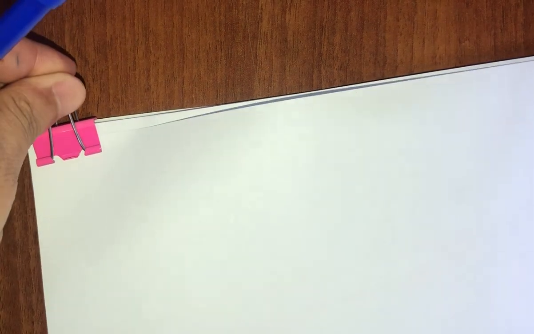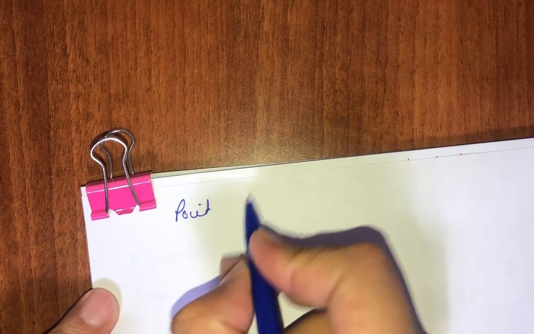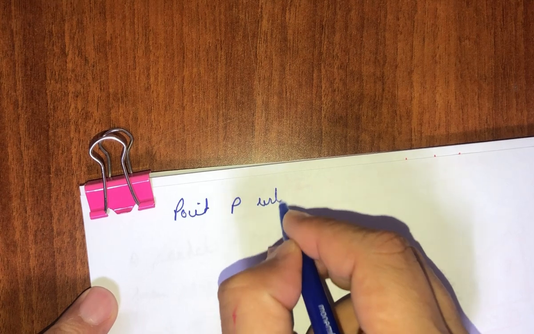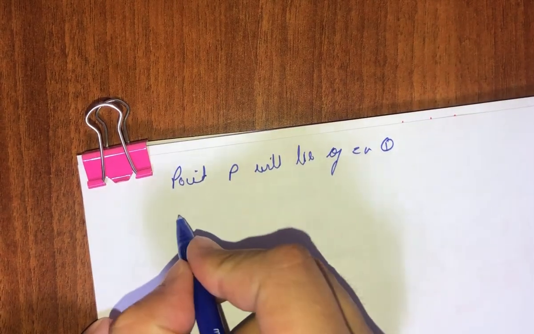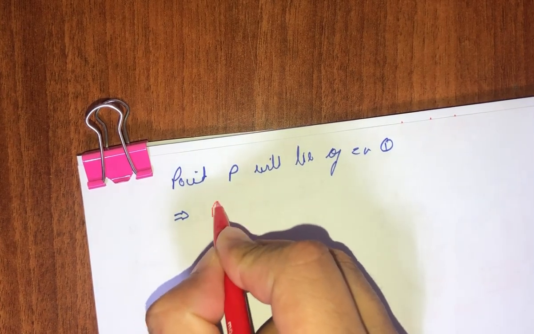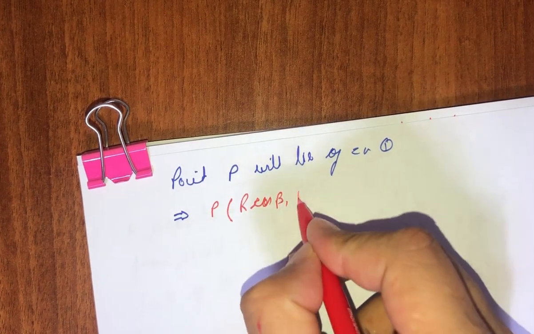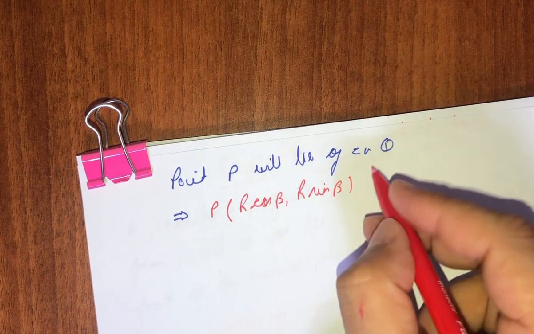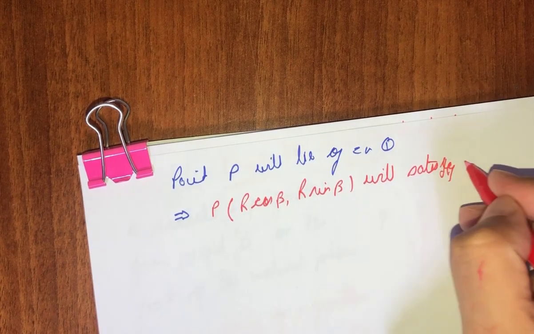As point P lies on the trajectory, the coordinates of point P, r cos beta and r sin beta, will satisfy equation 1.